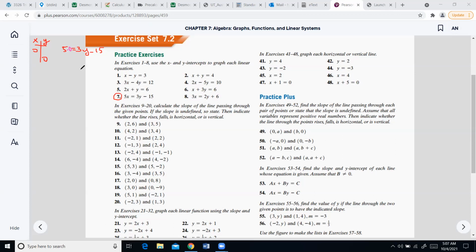And then I need to solve this. So 0 will be on the left, and this is equal to 3y minus 15. So bring 15 over to the other side and have it equal to 3y. So I can see that y is equal to what? 5. 3 times 5, right? It's 15, so y is equal to 5.